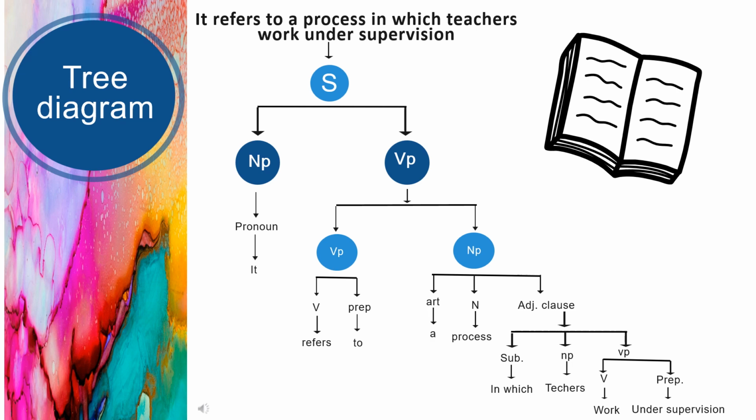Then here we have a subordinator, which is in which. So we're going to write down another arrow, adjectival clause, starting from the subordinator in which, then the noun here, teachers, then starting from work under supervision, here we have work, which is verb, so we have here another verb phrase, starting from the verb, which is work, and the preposition under supervision.